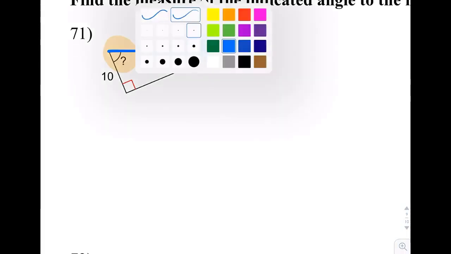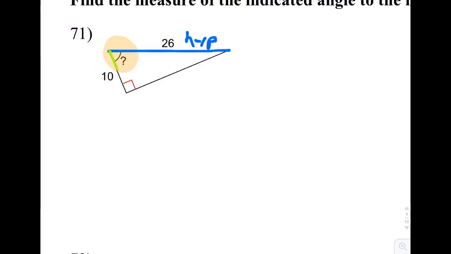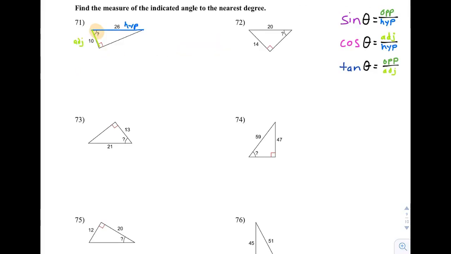We are given the one next to, not the one opposite, but the adjacent. So we are given the adjacent and the hypotenuse. If we go back up to our ratios, we will see that adjacent and hypotenuse comes from the cosine. Decided to bring our handy little reference table with us here. Adjacent and hypotenuse, again, cosine.